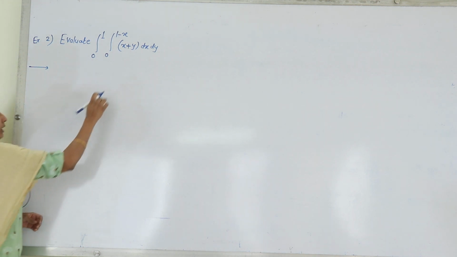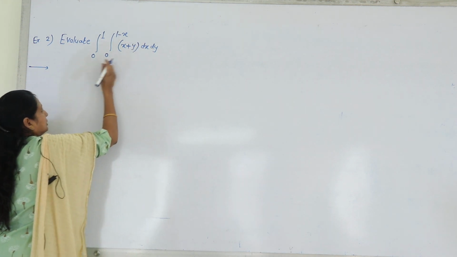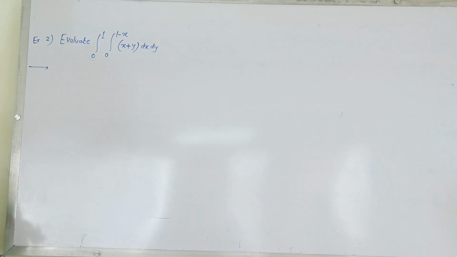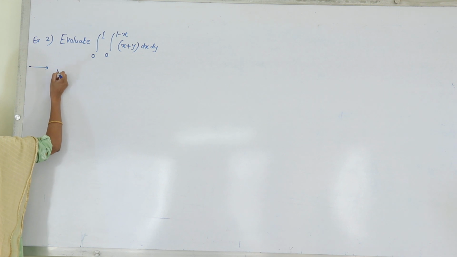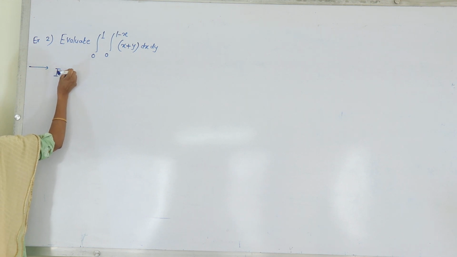Now again here outer limits are constant, that is 0 to 1. Inner limits are 0 to 1 minus x, that means inner limits are functions of x.